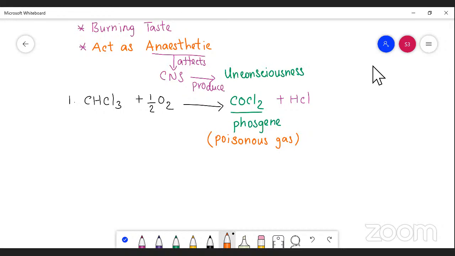Then I analyzed recently that chloroform produces a poisonous gas, phosgene, and it is the cause of death. So chloroform is not used as an anesthetic for living things, only for veterinary purposes. Now, what are the anesthetics used nowadays? We are taking anesthetics nowadays.